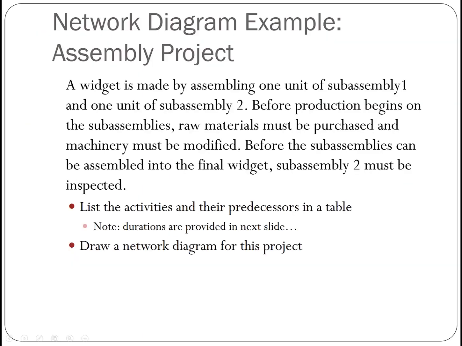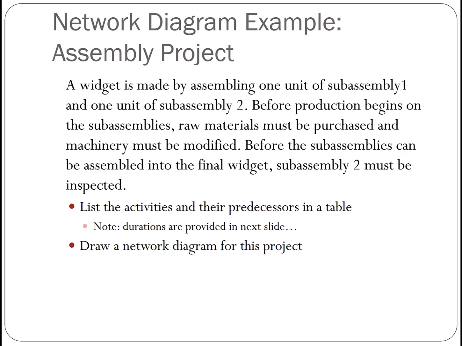So now let's look at another example, an assembly project. A widget is made by assembling one unit of subassembly 1 and one unit of subassembly 2. Before production begins on the subassemblies, raw materials must be purchased and the machinery must be modified.